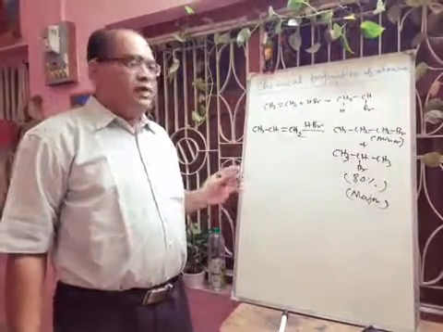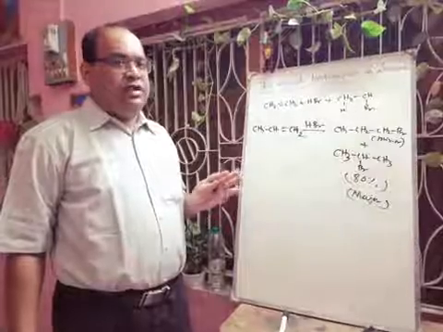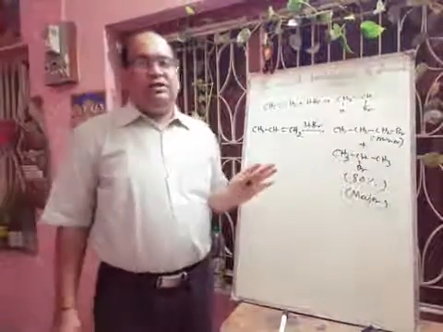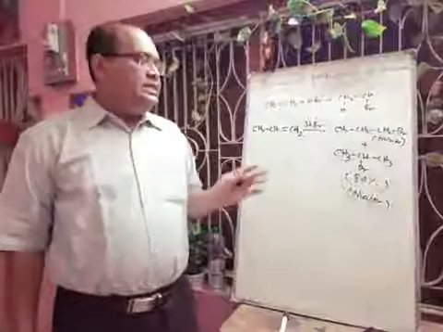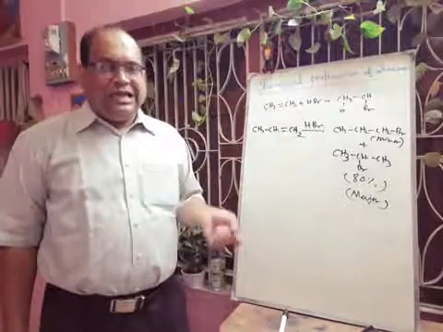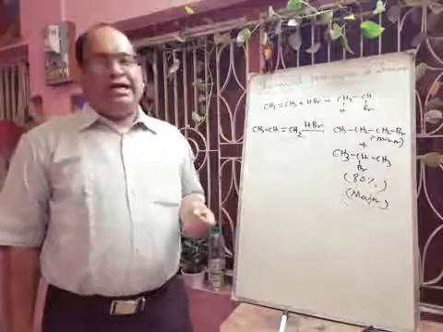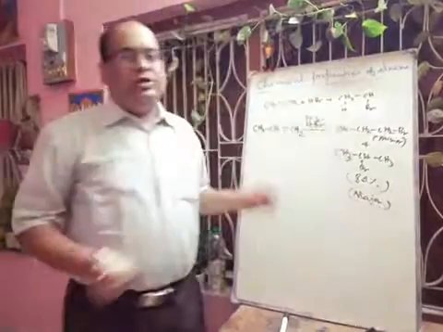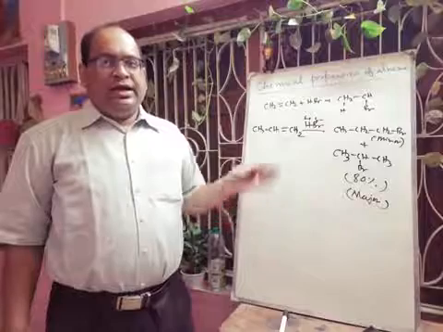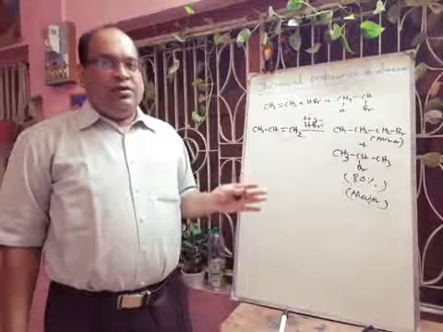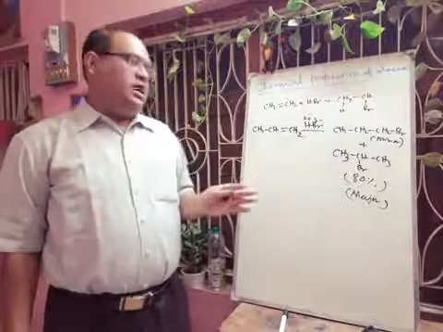Okay. So first we have to know what is Markovnikov's rule or the statement of Markovnikov. According to this Markovnikov rule, in the addition of an unsymmetrical molecule to unsymmetrical alkenes, the negative part of the addendum, this is delta negative and this is delta positive, gets added to that carbon of the double bond which is attached to the least number of hydrogen.